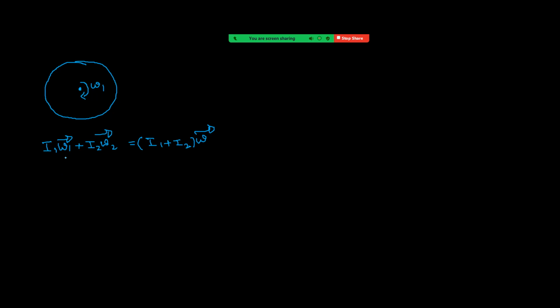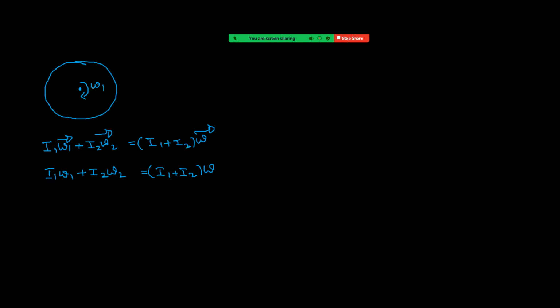Now in this we have to focus on the sense of rotation. Suppose omega 1 bar and omega 2 bar are both in the same sense, that means both are clockwise or both are anti-clockwise, then this becomes I1 omega 1 plus I2 omega 2, equal to I1 plus I2 into omega. That means omega is I1 omega 1 plus I2 omega 2 by I1 plus I2. This is if both are in the same sense.